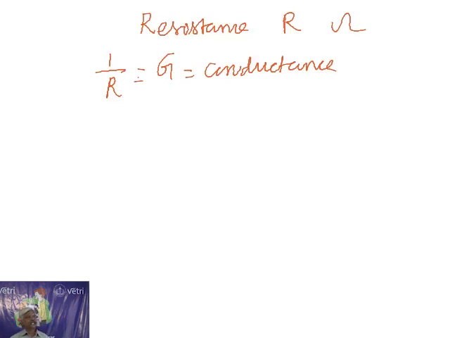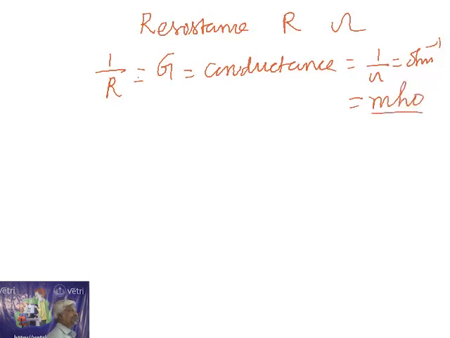The word itself tells you, you need not confuse yourself. The symbol is G, and the unit is 1 by ohm, otherwise ohm power minus 1. Another unit is mho, M-H-O. That is also an available unit for the reciprocal of resistance.